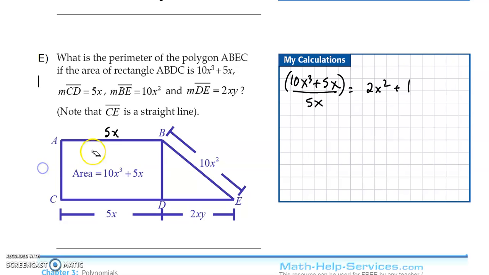So length of AC is going to be 2x squared plus 1. And then finding the perimeter of this thing is just a matter of saying, add them all up. I'll start off with the 5x.